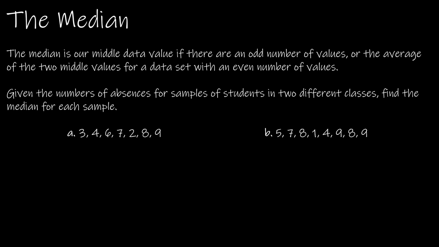So in my first example, I have 2, 3, 4, 6, 7, 8, 9. So finding the middle, I have 1, 2, 3, 4, 5, 6, 7 values. So I can either just count in from the inside and cross them off as I go and find that my solution is 6.